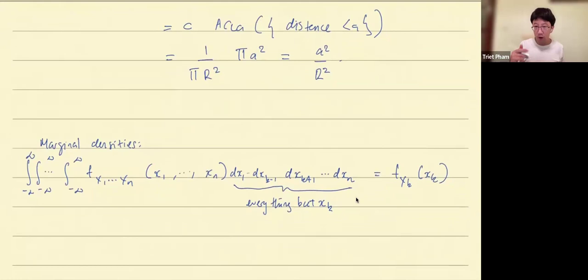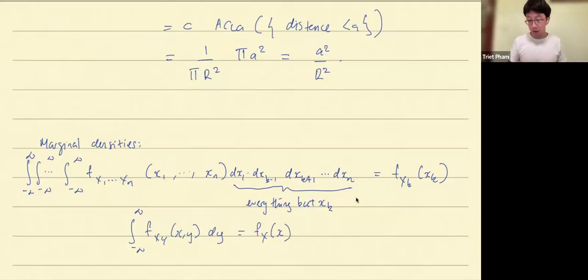So if you have only two random variables, then if you integrate out the y part, you get the PDF of the x.